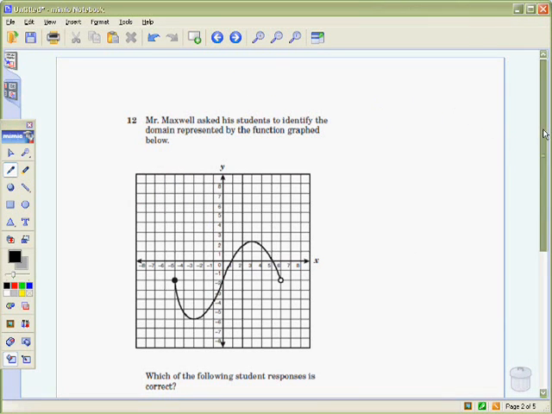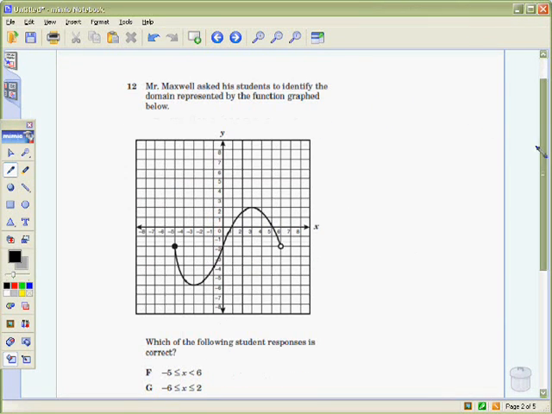Number 12. Mr. Maxwell asked his students to identify the domain represented by the function graph below. Recall that domain is all of our x values. So in other words, we're just going to be looking for what x values are on this function here.